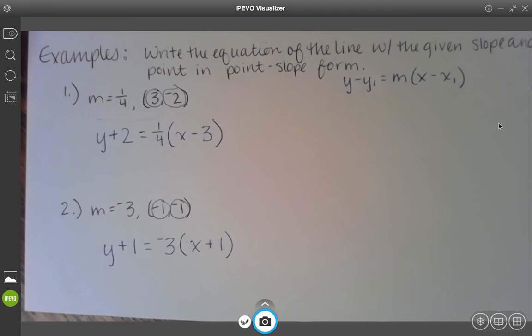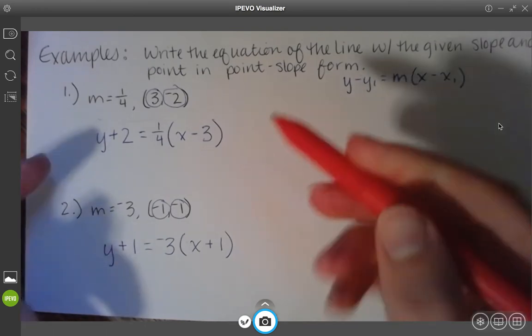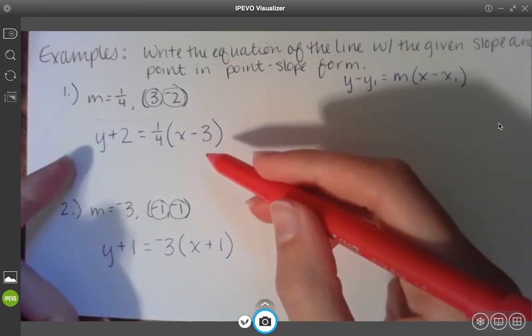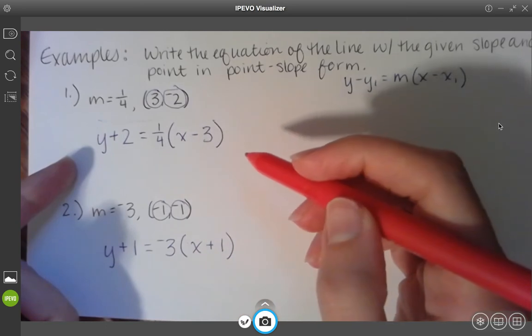All right, so if you want, you can stop here and start on your worksheet. Your worksheet is just going to be practicing this. If you want to take this a step further right now before class, keep on listening. Because you might look at this and go, I don't really like this form.